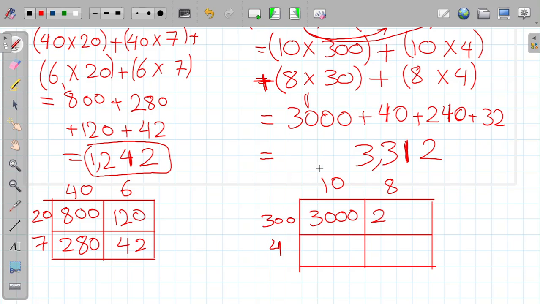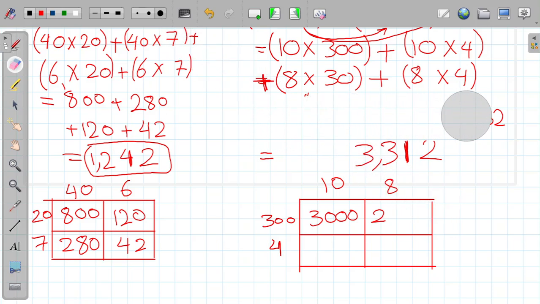Oh, we forgot 10. So let's delete all of these numbers, because we forgot 10. So I have here just 10 again. So the result will be like this.